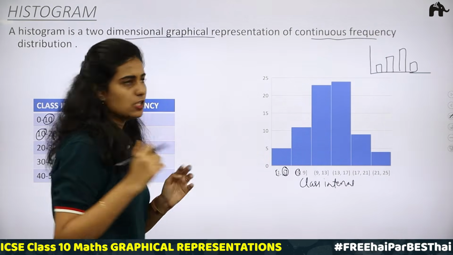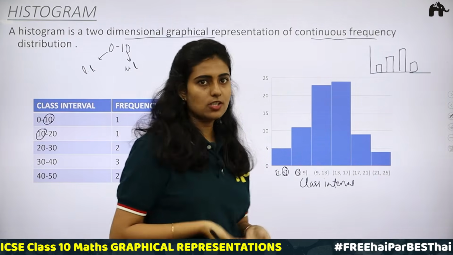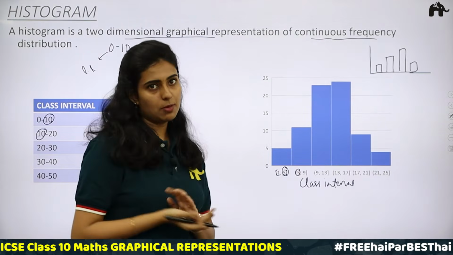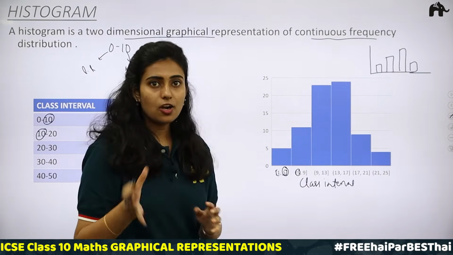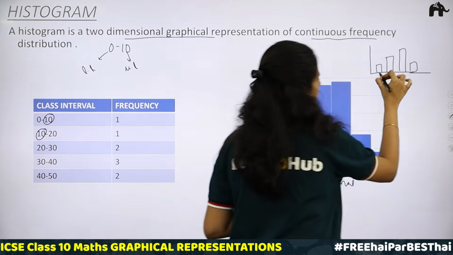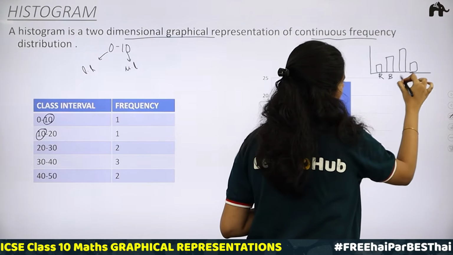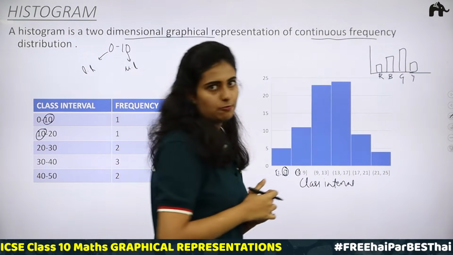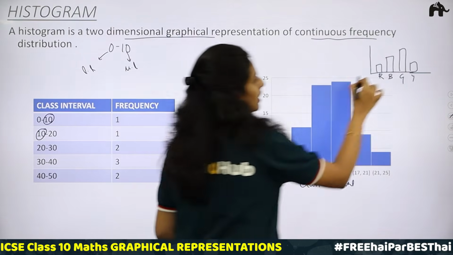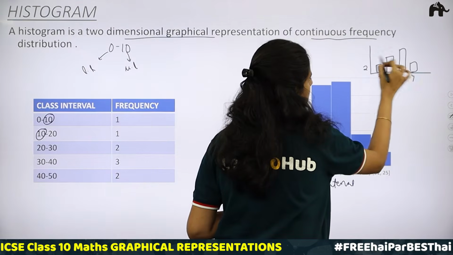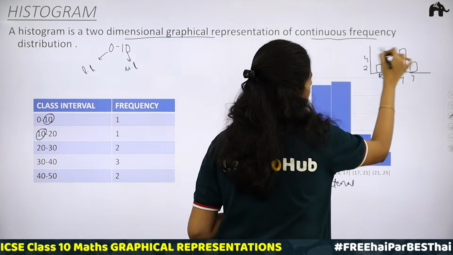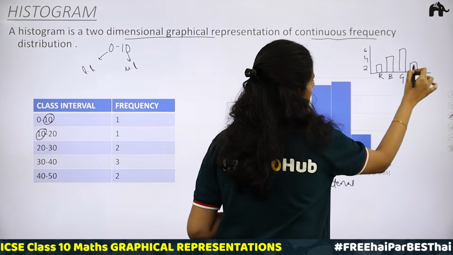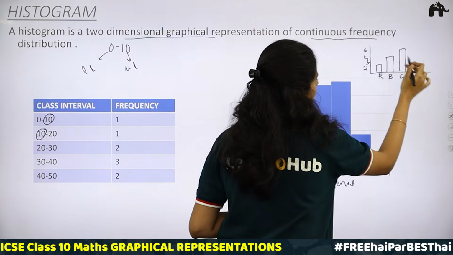In the case of a bar graph, for example, you have a box with a few balls in it. The colors of these balls, let us say red, blue, green, yellow. This is what we have plotted: 2 red balls, 4 blue balls, 6 green balls, then 3 yellow balls.